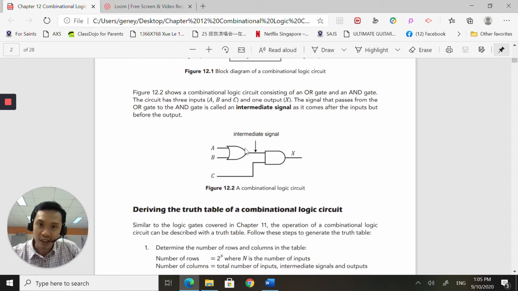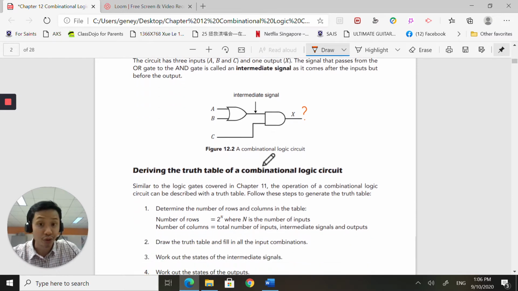So this is a combined logic circuit, right? We have two different kinds of gates. We want to find out what is the output X. So we need to come up with the intermediate signal here before we can come up with X. We want to take it one gate at a time.